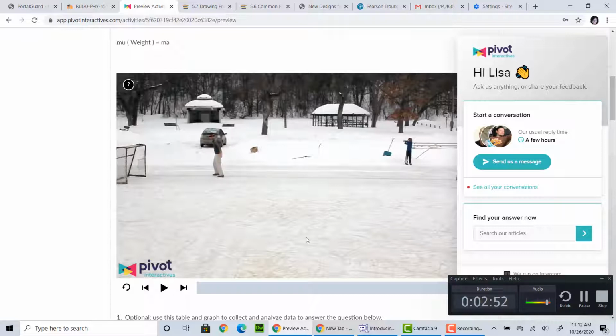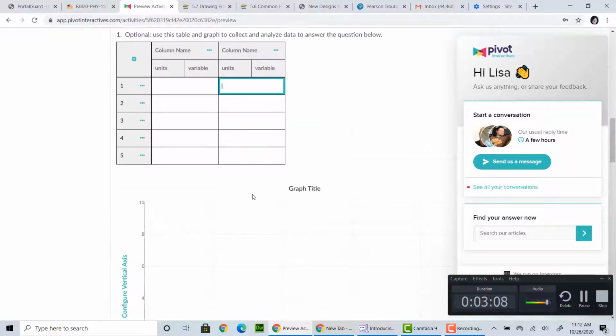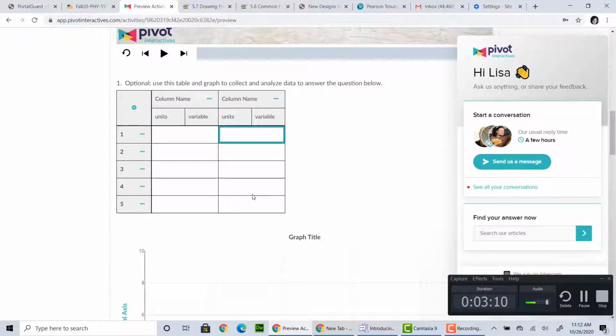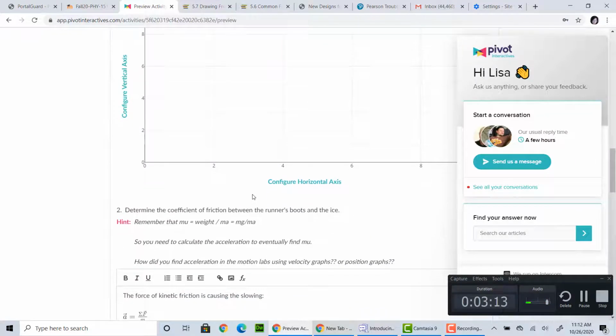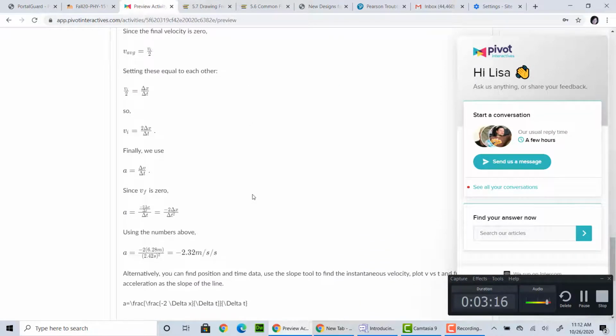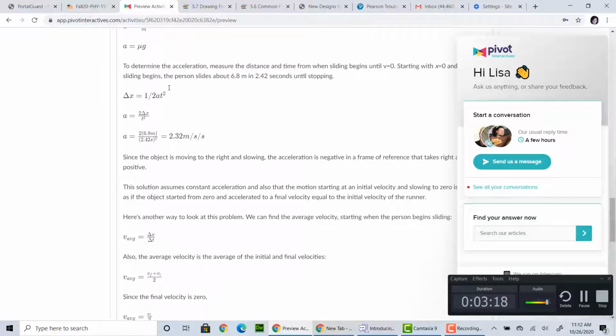So I can actually use the measure tool and figure out his skid mark distance, and from the video I can figure out how long it takes to skid, and I could use the formula x equals 1/2 at squared plus vit, where vi is 0 to start with, and that would simplify down to the change in his skid mark equals 1/2 of his acceleration times time squared.